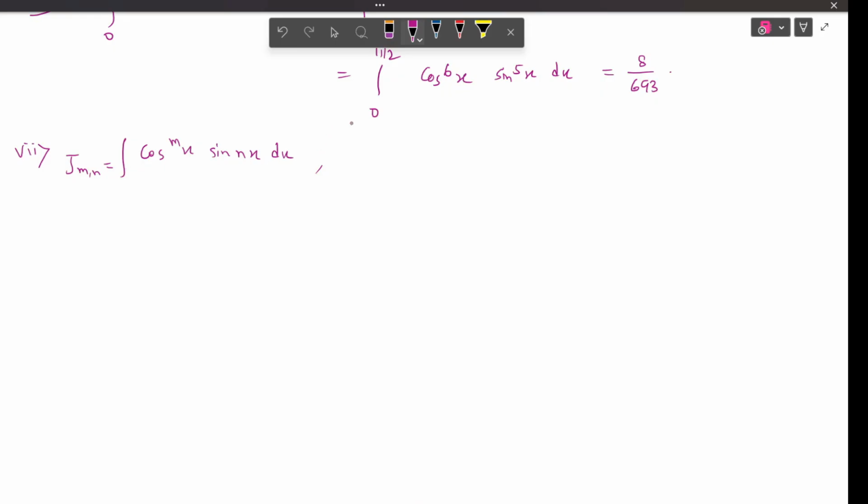So our formula would be minus cos to the power mx into cos nx by m plus n, plus m by m plus n into j m minus 1 comma n minus 1. That is the formula you have to remember.